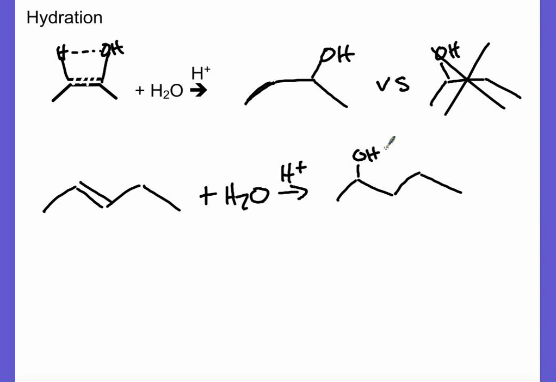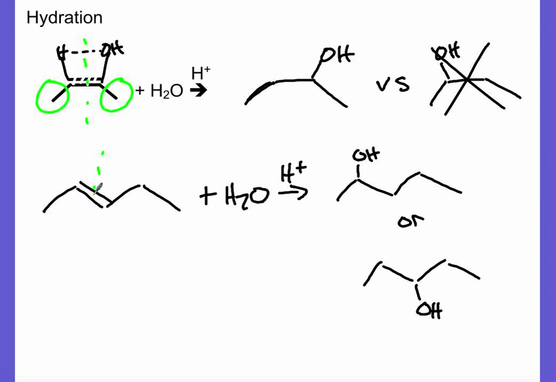So I could end up with the hydroxyl group here, or I could end up with a hydroxyl group there. So you can get two different products, obviously not if it's symmetrical like that first example, but if it is asymmetrical from the get-go, if you can look across this double bond and this side's the same as this side, you're going to get one product.